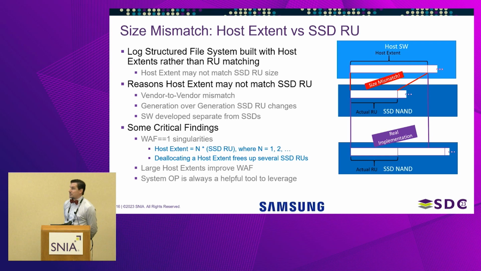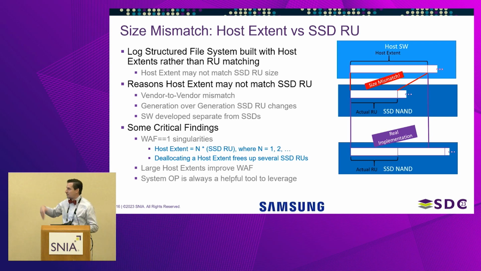What is the impact? So this is why it's a teaser. The full discussion on the impacts is not one slide worthy, and the results for that came in after I submitted the abstract for this talk. The big takeaway was that we do recommend larger host extents. That's a common finding throughout.